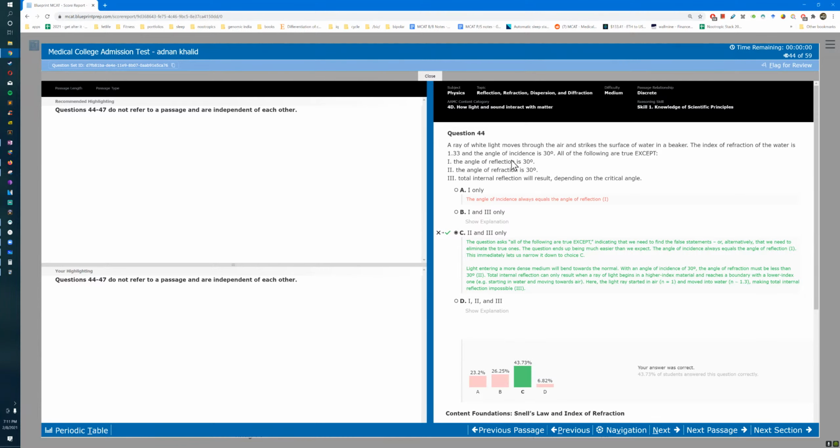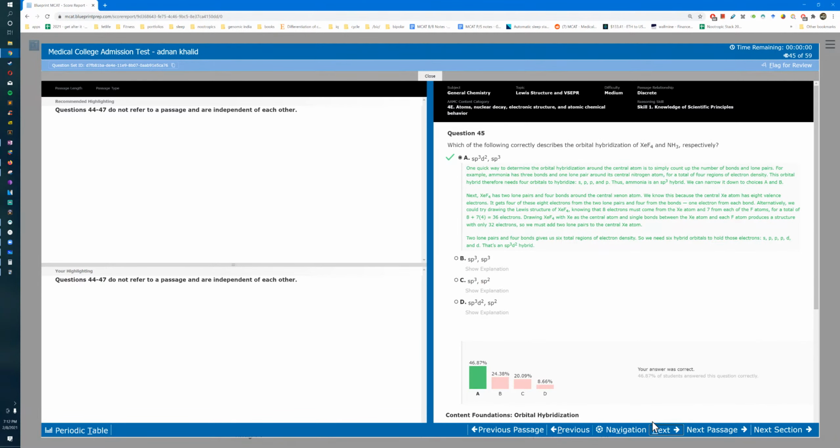So angle of refraction is 30 degrees is incorrect. Total internal reflection will result depending on the critical angle. Total internal reflection is something that happens at a critical angle, but it's for something that's inside of the same medium. I can talk more about that later. But yeah, both of these won't happen.